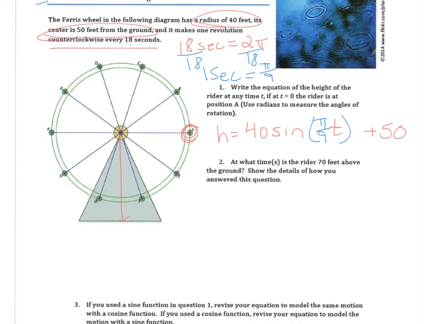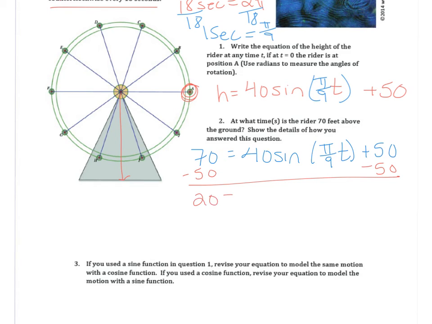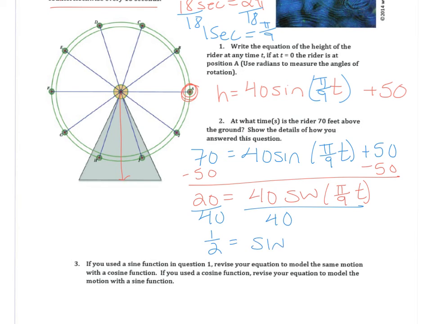At what time is the rider 70 feet above the ground? So we're going to write 70 equal to our equation. We have to solve this. So your test is no calculator, so we can do this with no calculator. And we'll divide both sides by 40. So we get 1/2 equals sine of pi over 9t.